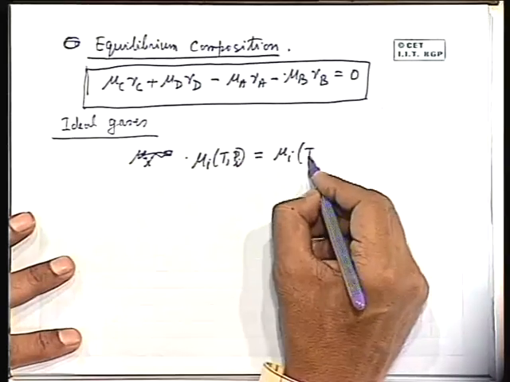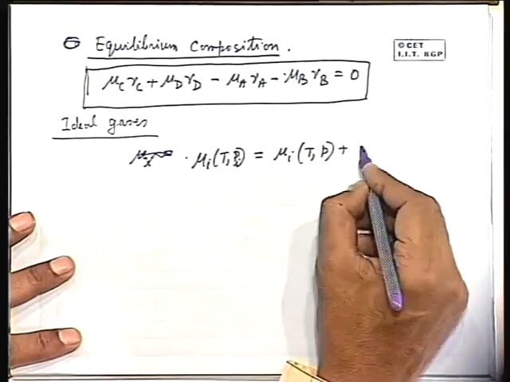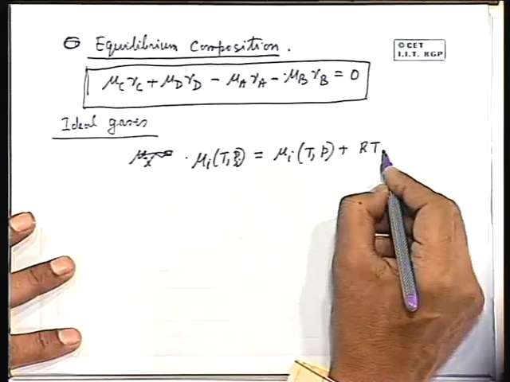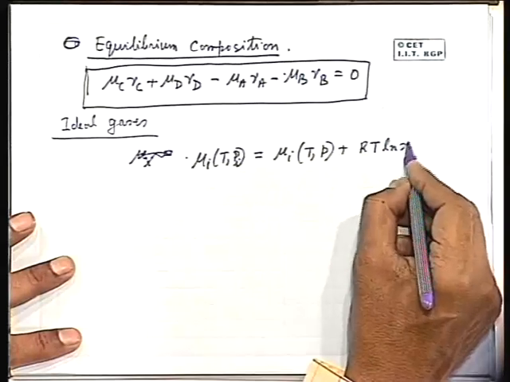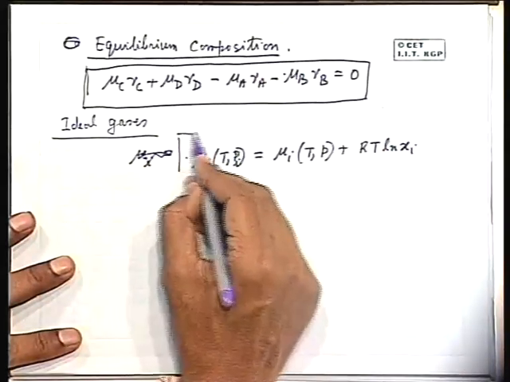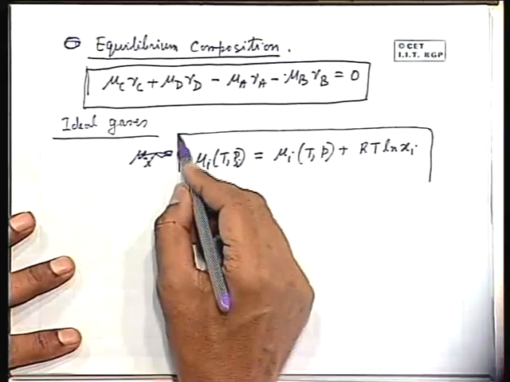Its value will be like this, plus RT ln xi. This you will have to accept at this moment. This will not be deduced.